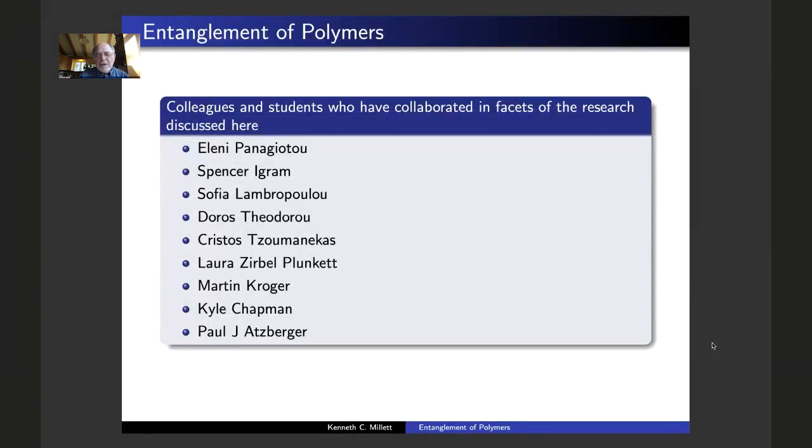Martin Kroger was a supervisor with Eleni in Zurich, I believe. Kyle Chapman, again a student of mine, with whom we worked here in Santa Barbara. And Paul Asperger, the last, is a colleague of mine, and Eleni and Paul and I worked on a project together, which I'll discuss toward the end. I apologize to anybody I've forgotten. I think these are the people whose names came up as I was going through these slides.